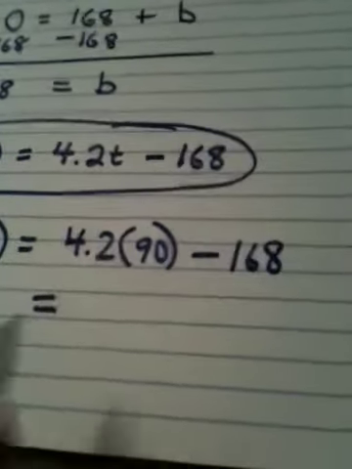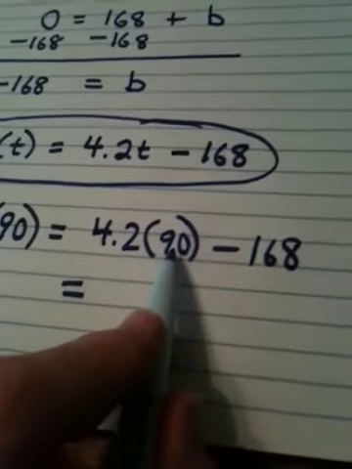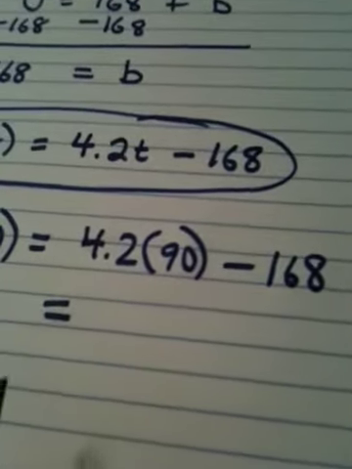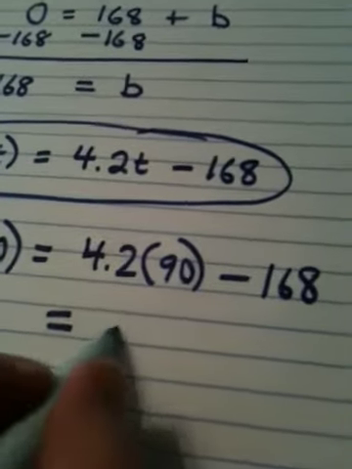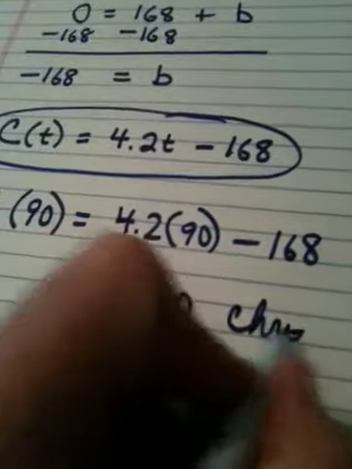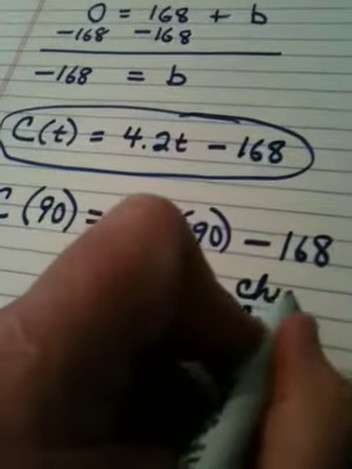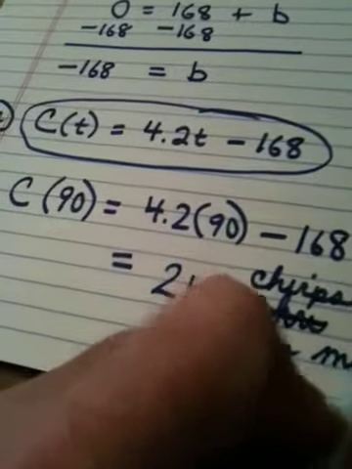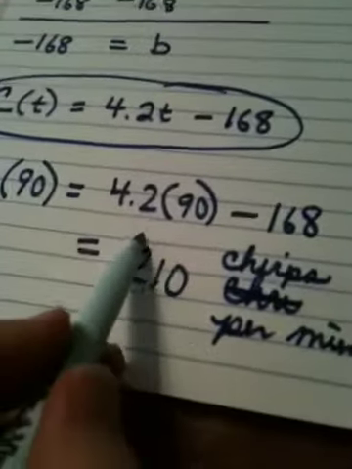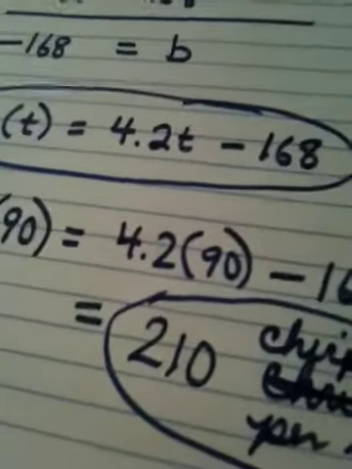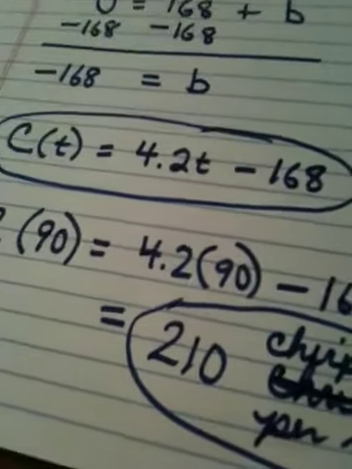And when I calculate 4.2 times 90 on my calculator and then subtract 168, I come up with the answer 210. Let me spell chirps right. So, my answer to question B would be 210 chirps per minute. And we're done with the cricket problem.